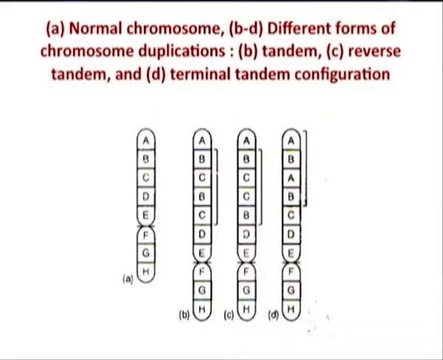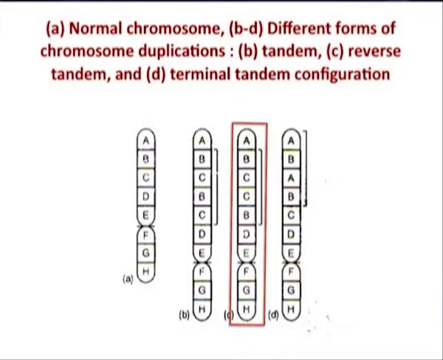When present on the same chromosome, it may be present in a tandem configuration, that is AB, CB, CDE dot FGH, that is adjacent to one another and in the same chromosome. Sometimes, however, the order of the genes in the duplicated segment is the reverse of the original.